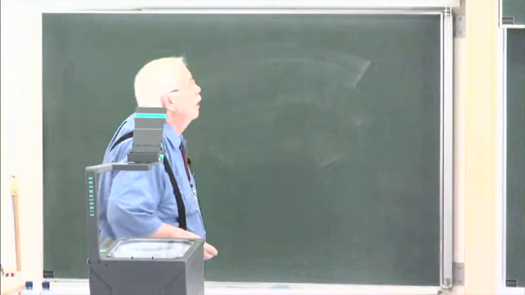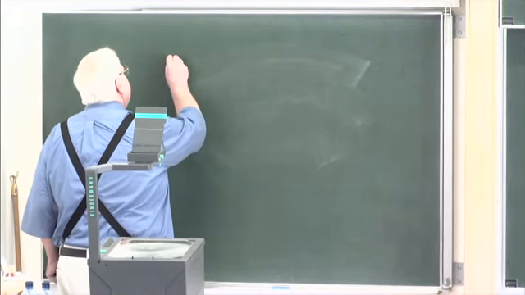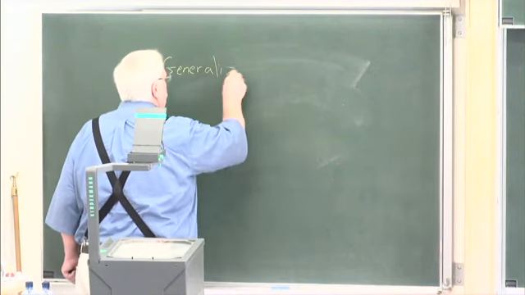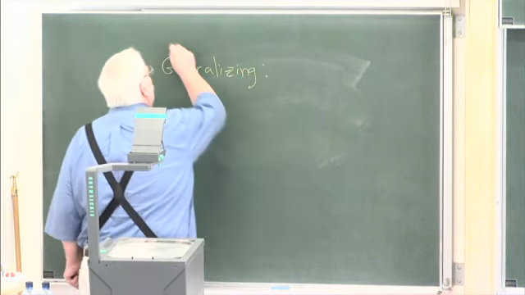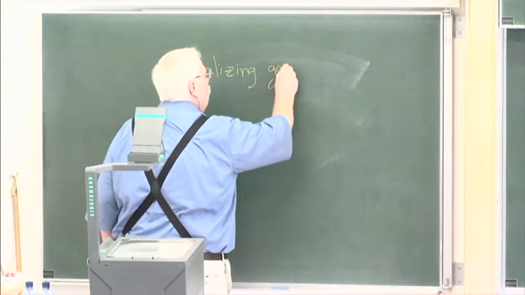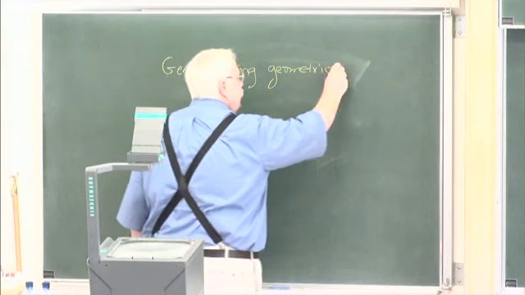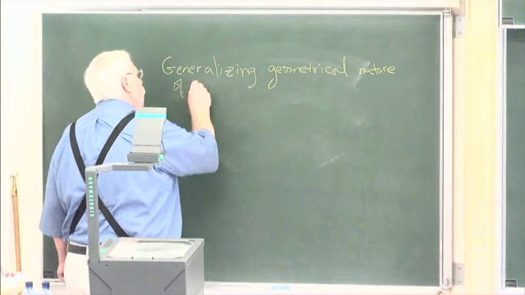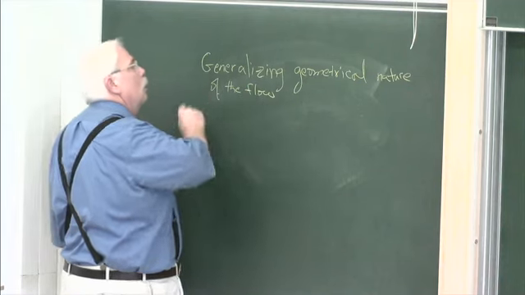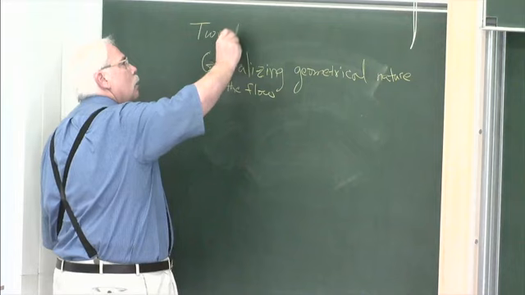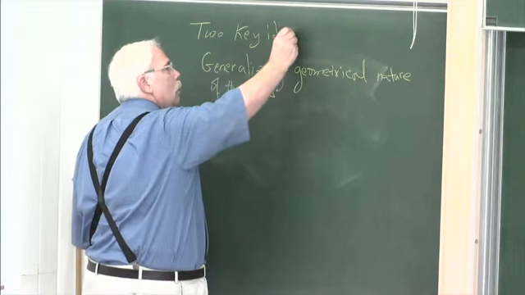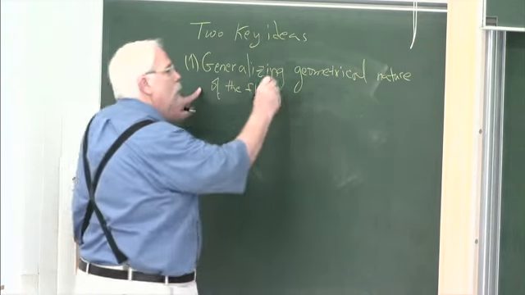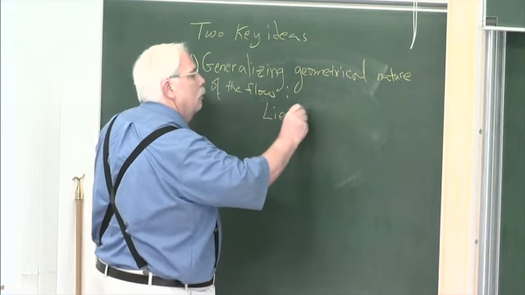So there are two key ideas. First one, for generalizing the geometrical nature of the flow, we're going to use a concept called Lie derivative.